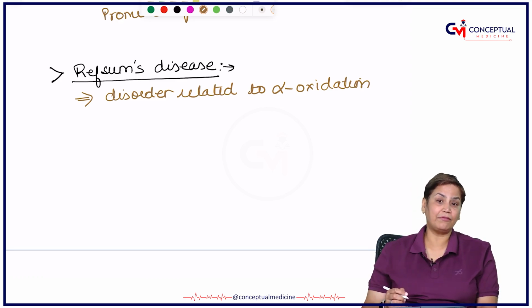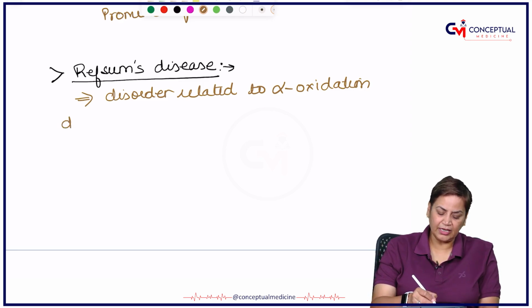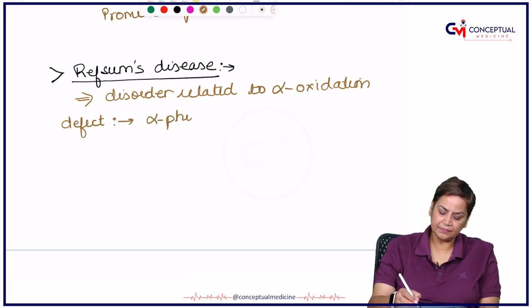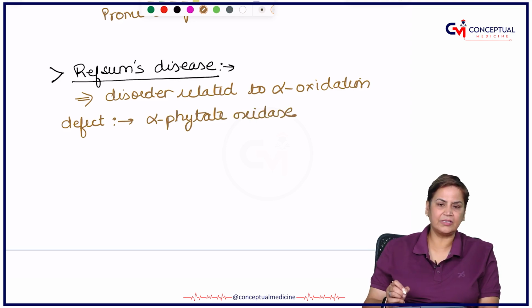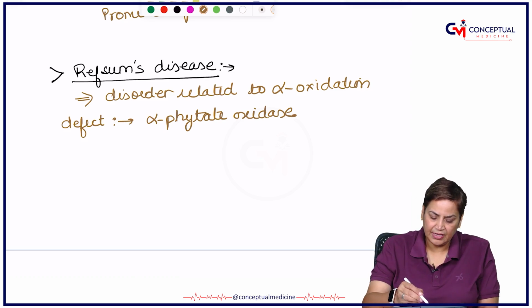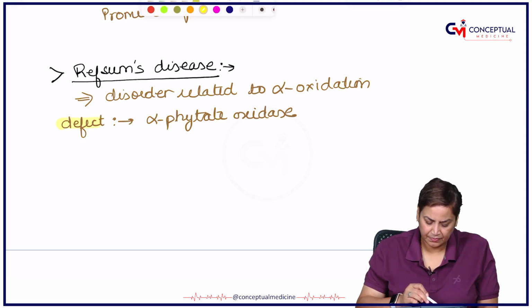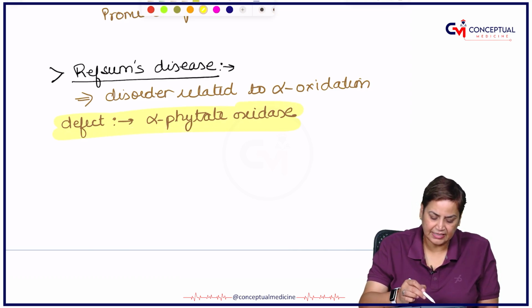So obviously if phytanic acid has to be degraded, the enzyme has to be phytanoyl-CoA oxidase. So in Refsum's disease, the defect is alpha phytate oxidase. This enzyme is absent.